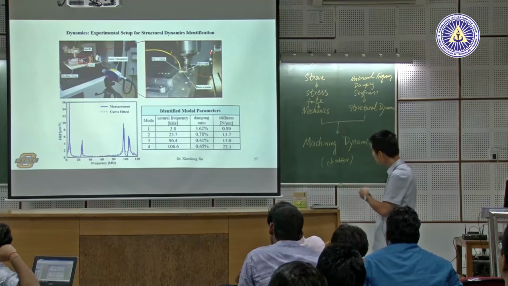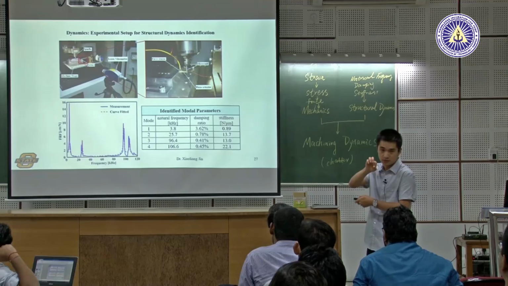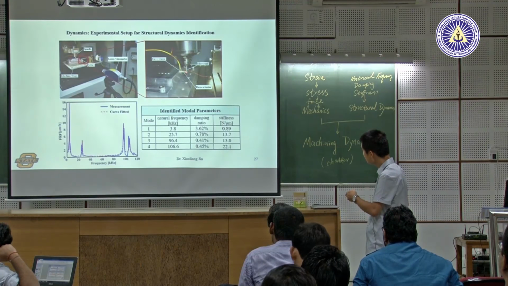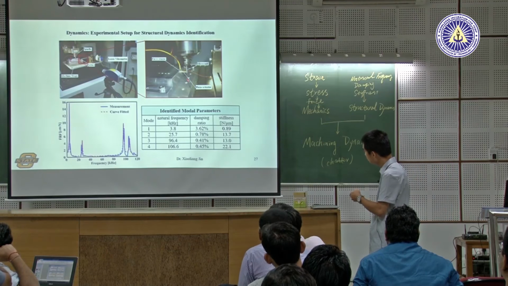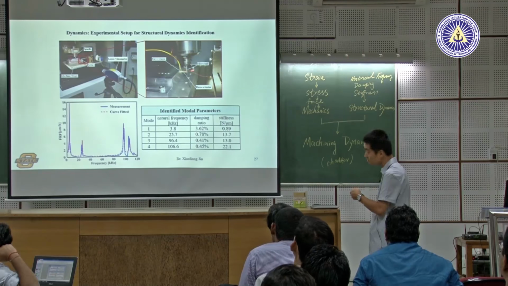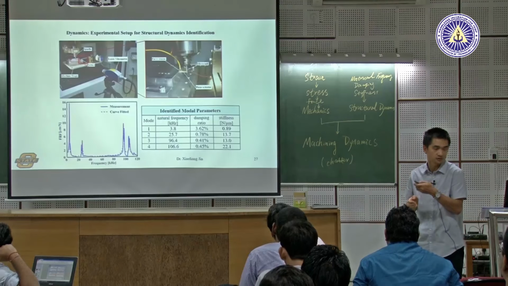We give some preload, then fix this piezo between a very small force sensor, which has a very high bandwidth, and the shank of the tool. The cross section of the piezo element is around 3 by 3 millimeter, so it cannot attach to the tip, but at least it can attach to the shank.